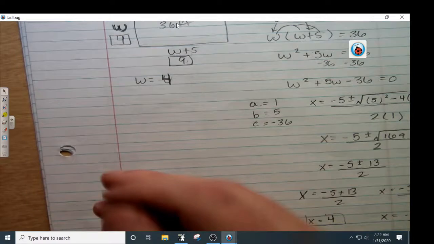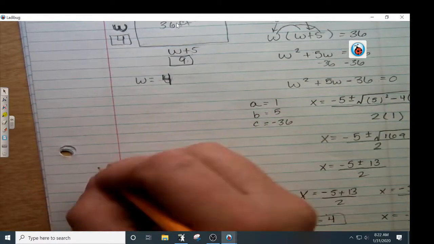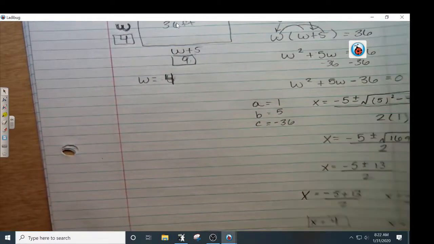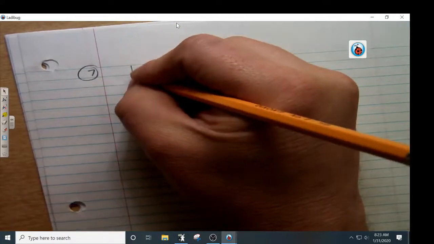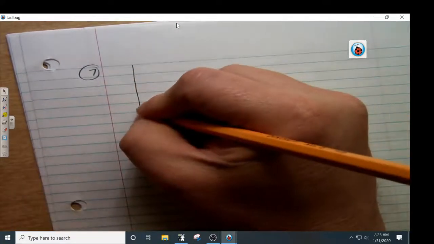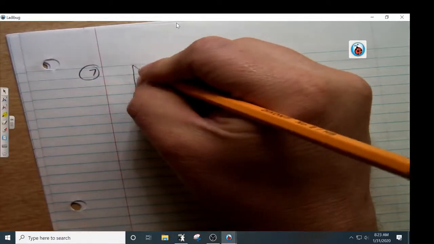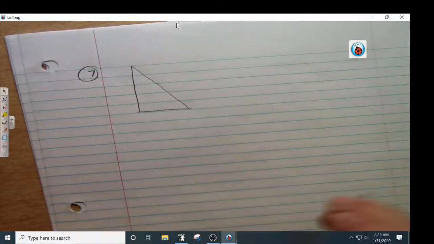Let's look at number 7. All right. So guys, we're talking about a triangle, okay? So now I'm just going to draw a right triangle, okay?